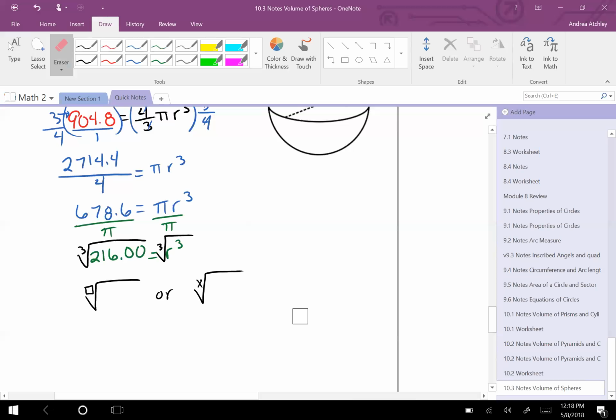We'll figure this out. There you go. Okay, hold on. Okay, so can everyone get this? So you're gonna hit the 3, then that button, then 216, and we should get your radius to be what? 6.